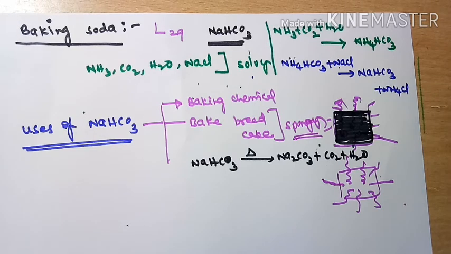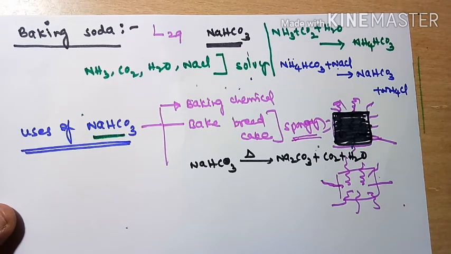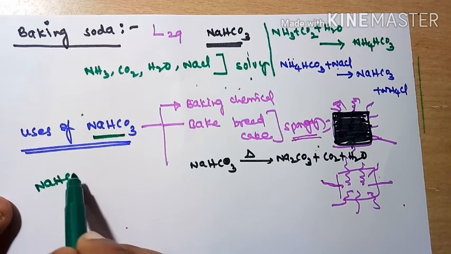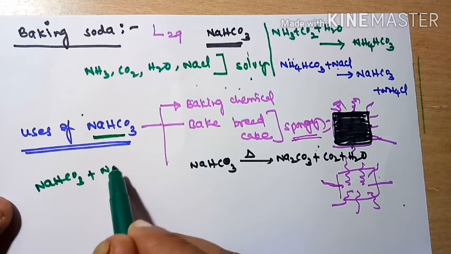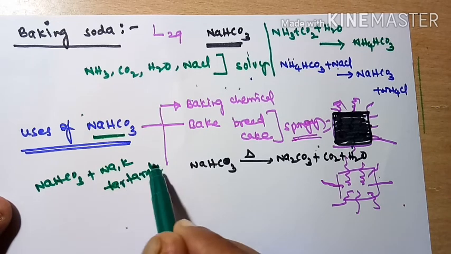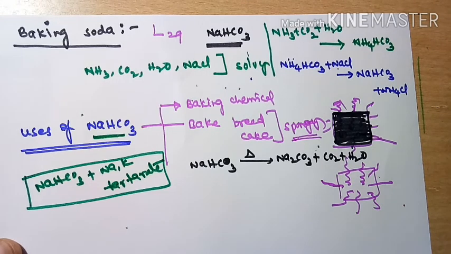Now in examinations, in polytechnic and TSRJC examinations, some extra concept may be asked. Baking soda is not just the chemical sodium bicarbonate. It is a mixture of sodium bicarbonate and sodium potassium tartrate.